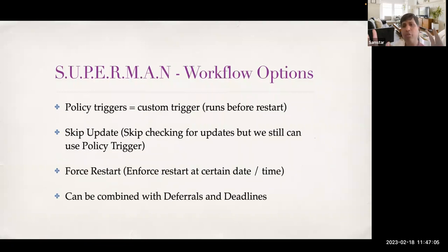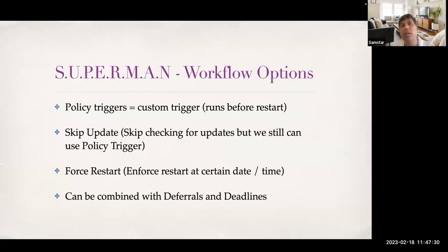Workflow options. There are a few advanced workflows. Imagine this is a different scenario. Imagine there is a software update available, which is already downloaded, and the user is now being prompted that they need to restart. You can always add a policy trigger, with a custom trigger.